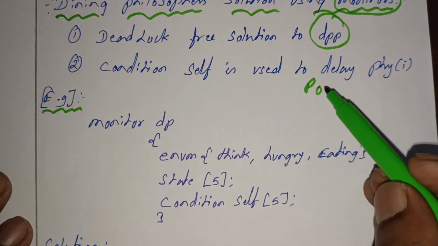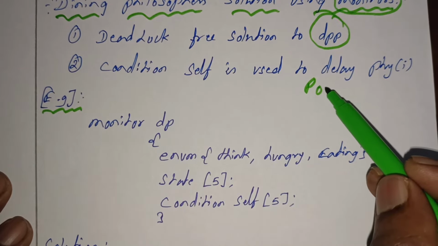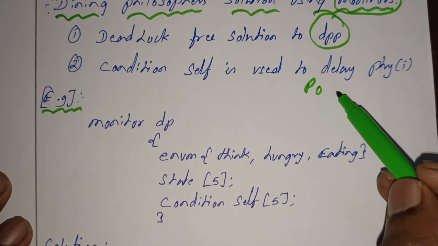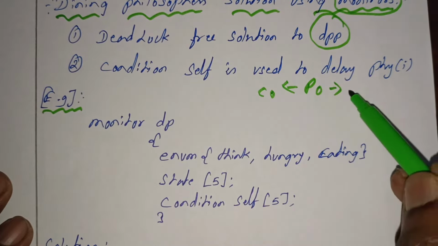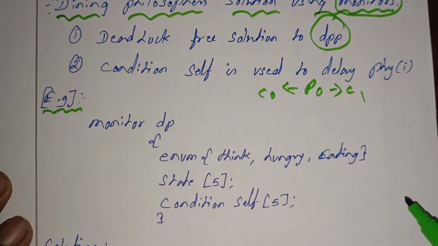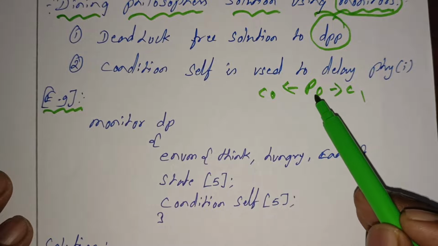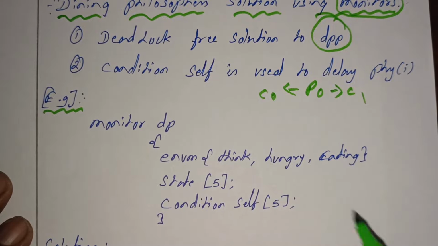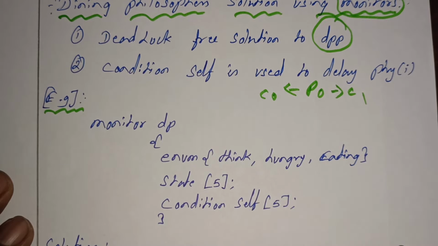If P0, that is philosopher 0, is hungry but unable to obtain chopstick number 0 or chopstick number 1, then the condition self will delay this philosopher whenever he is hungry and the adjacent chopsticks are not available.